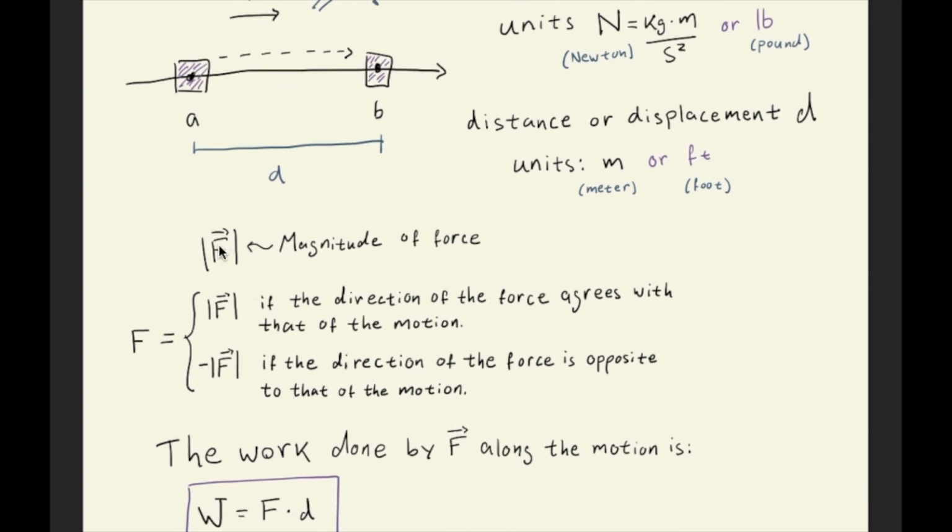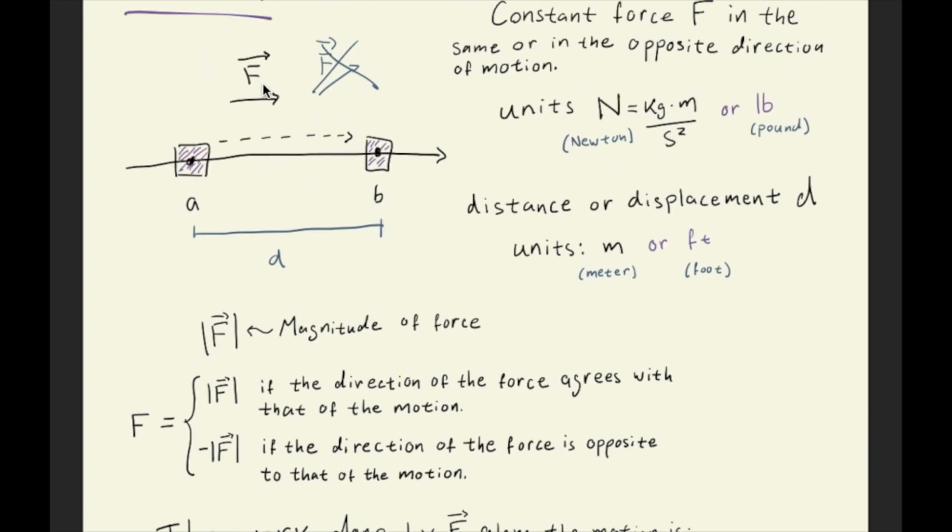And I'm just going to denote it by F, so F without the arrow on top. It's going to be the length of this vector, a positive number, if the direction of the force agrees with the direction of the motion. So in this case that I drew, for example, F would be a positive number, right? Just the length of this vector.